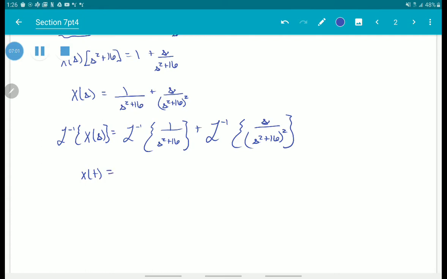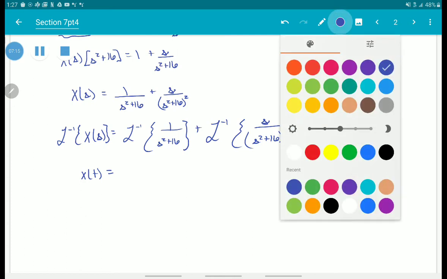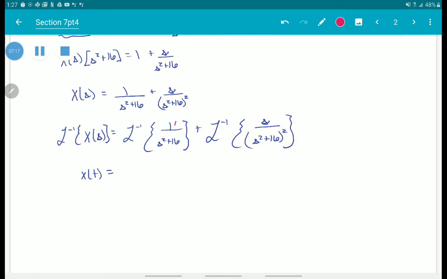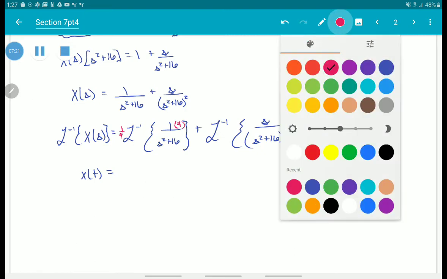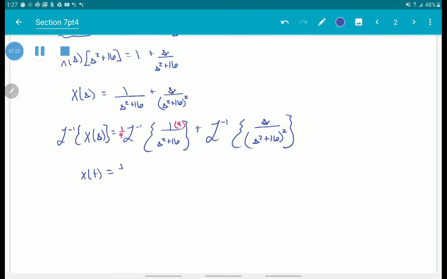So if we look at our formulas, we want to match this up. And if we look at our sine formula, which is number 7, it almost matches. We're just missing our k here. So we could multiply that 4 in as long as we compensate with a 1/4 out here. So that becomes 1/4 sine of 4t.